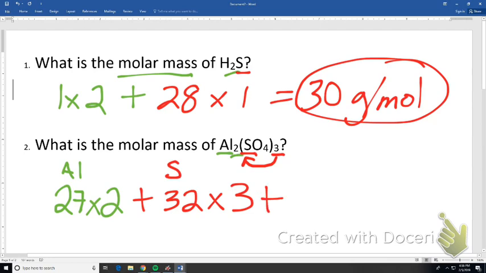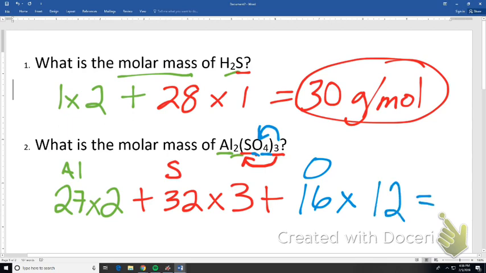Plus, now I have to look at my oxygens. There are 4 of them. But again, that 3 multiplies with 4. So oxygen, I look on my periodic table, is 16 times 4 times 3 is 12. So 16 times 12. And that is how I get my entire molar mass.